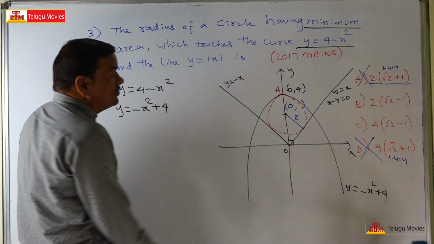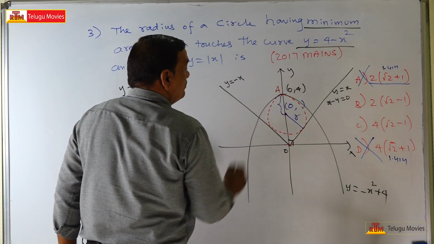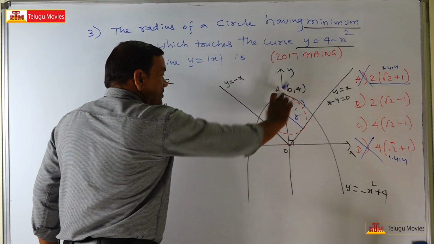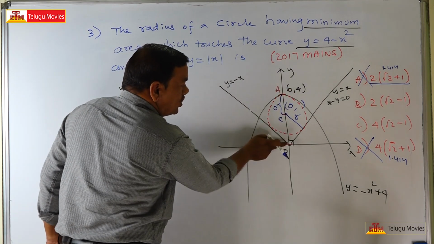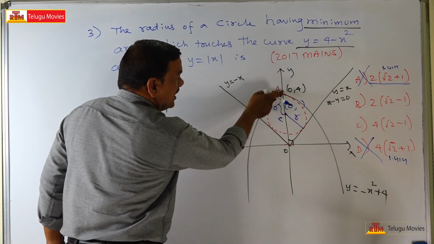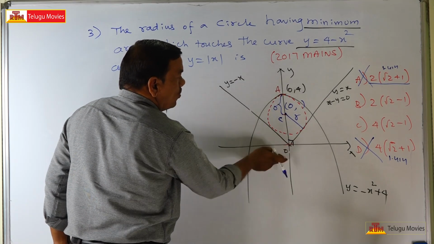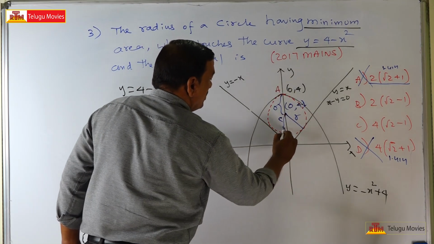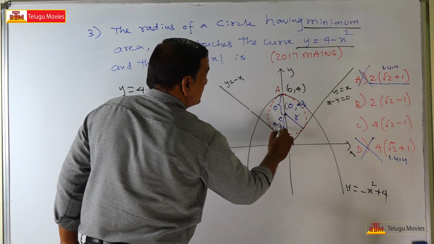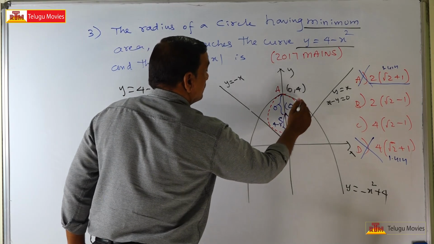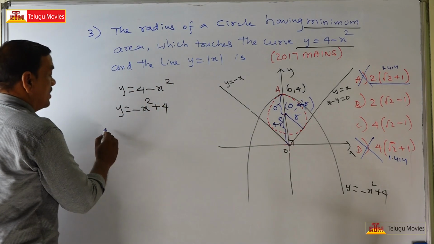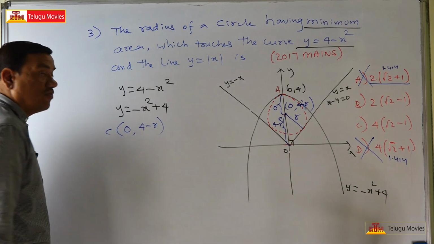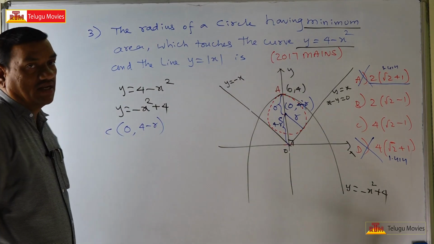What is the value of CA? It is R. From 0 to A, it is total 4. So 4 minus R is your y coordinate. So the center of the circle is 0, 4 minus R.